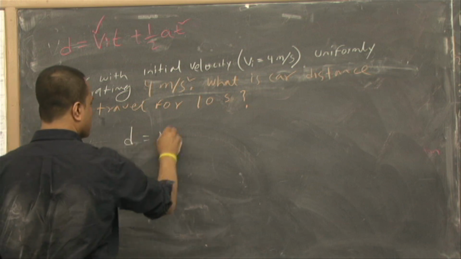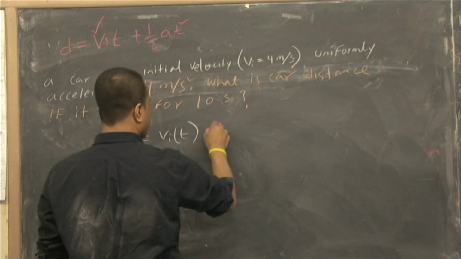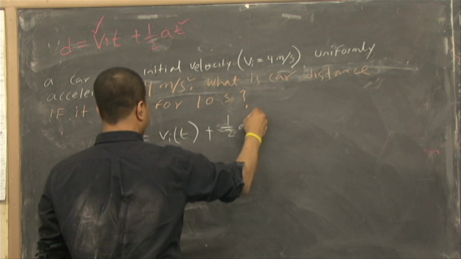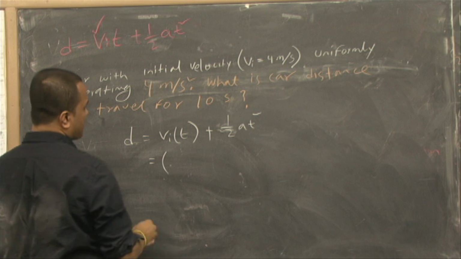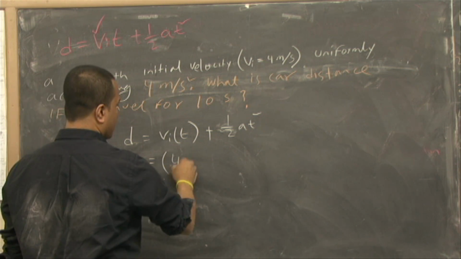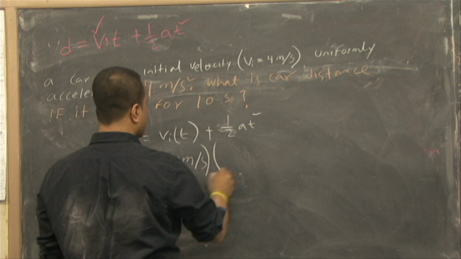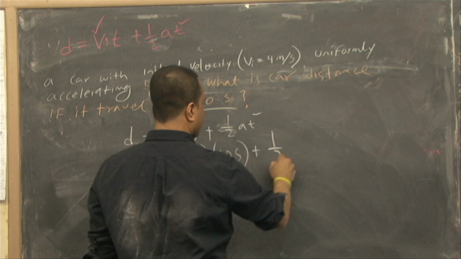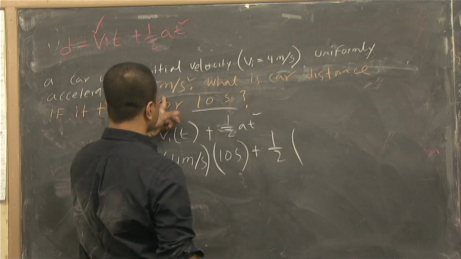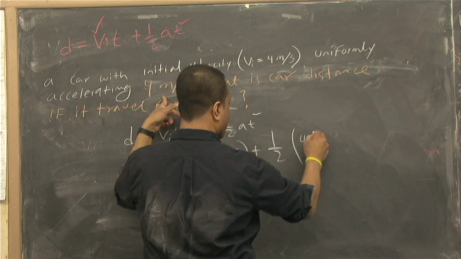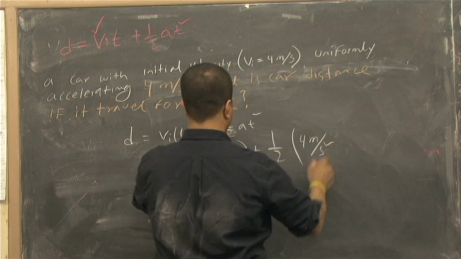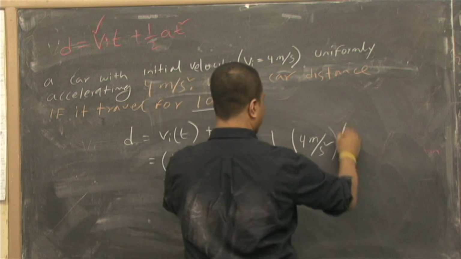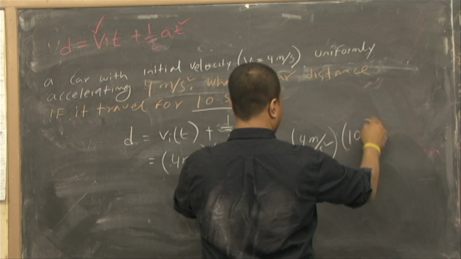D is velocity initial times t plus a half at squared. So velocity initial is simply 4 meters per second and t is 10 seconds, plus half, a is 4 meters per second squared, and t squared, which is 10 squared, 10 seconds squared.